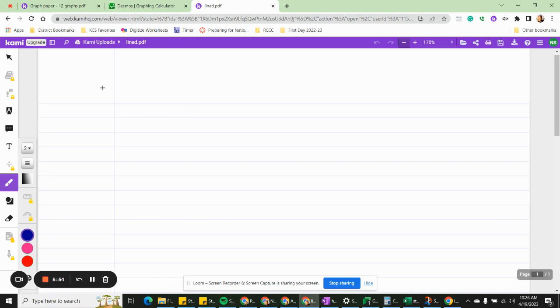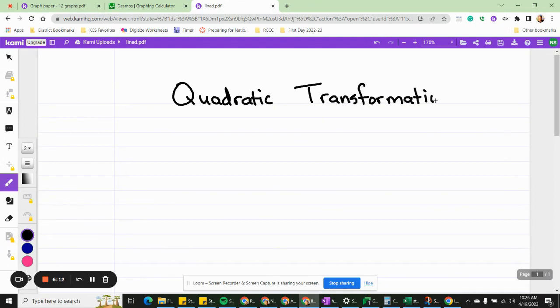Now, in your notebook, we're going to have our heading, quadratic transformations. And then we're going to draw a table. It's going to be a table with about 8 different changes that we're looking at.